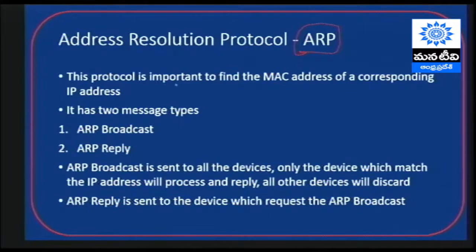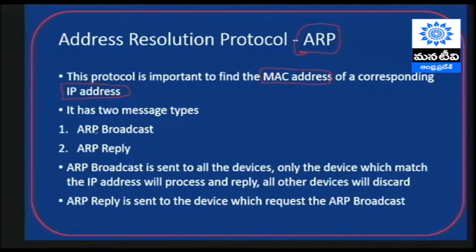So this is basically providing a matching between the MAC address and the corresponding IP address. So this computer has this IP address and that is mapped with this particular MAC address. So this is a very important protocol in the LAN communication. Without the ARP, the two computers in the LAN will not be able to communicate with each other.